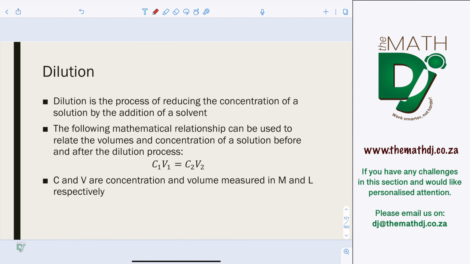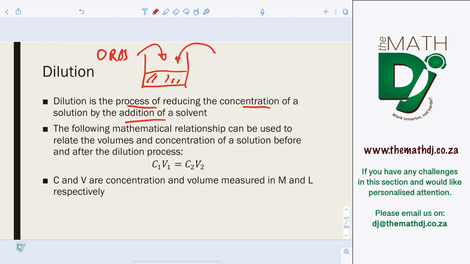So dilution. Dilution is the process of reducing the concentration of a solution by the addition of a solvent. So basically, when you have your Oros, if you add water, H2O, the more water you add, the more dilute it becomes.